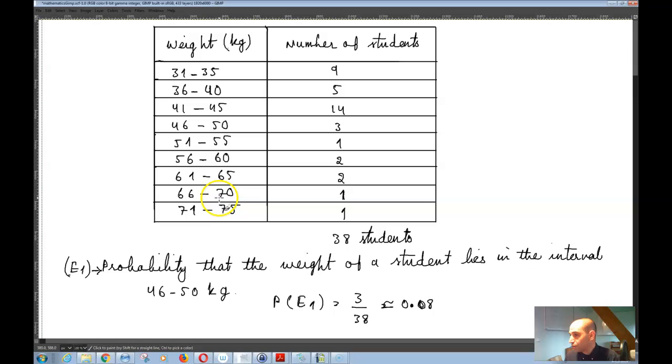Or similarly, the probability of a student weighing more than 30 kilograms. More than 30 kilograms starts from 31 and goes all the way up to 75, basically all of these numbers. The number would be 38 divided by 38, which is equal to 1.